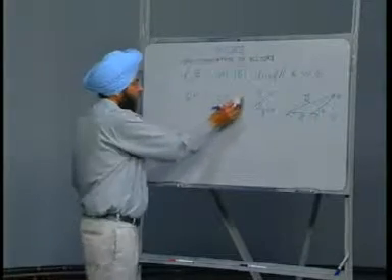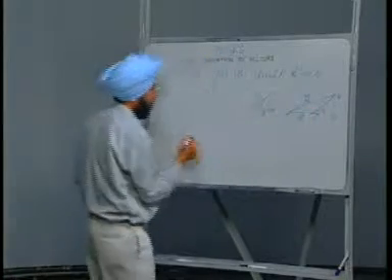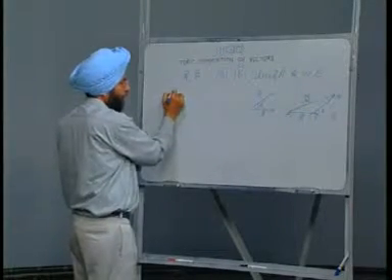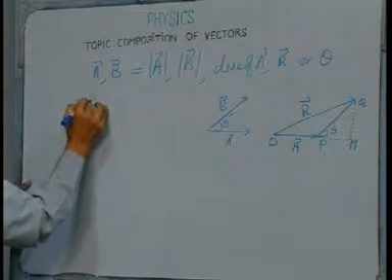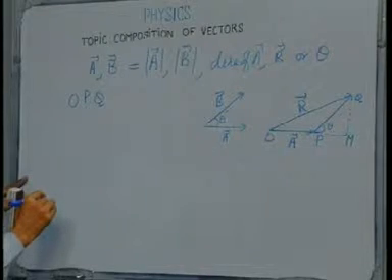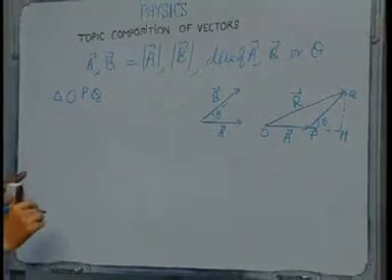Now, we are to use this triangle. We have two triangles. Triangle OPQ is the original triangle.